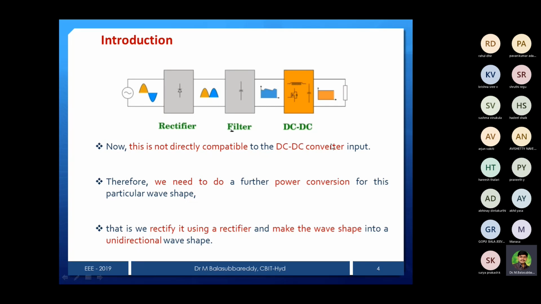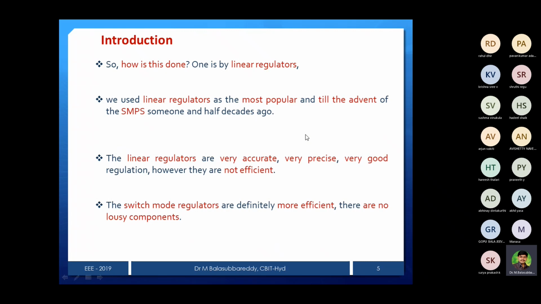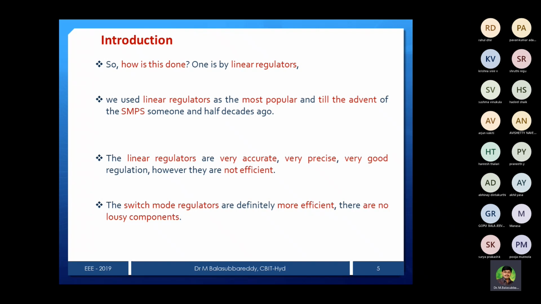Now, how will this DC to DC converter operate? Earlier, if switched mode is not used, there are linear regulators available. What is a linear regulator? This is one type of control. If DC is available, variable DC is obtained using a linear regulator. Linear regulators were the most powerful until the advancement of SMPS, switched mode power supplies.